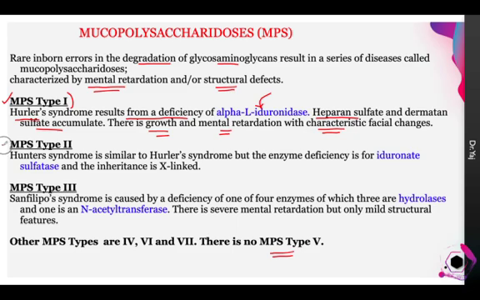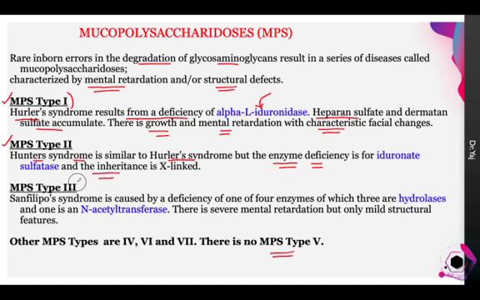Next, we come to MPS type 2, commonly known as Hunter's syndrome. It is similar to Hurler's syndrome, but the enzyme that is deficient in the individual suffering from this disorder is iduronate sulfatase, and this is an X-linked disorder.